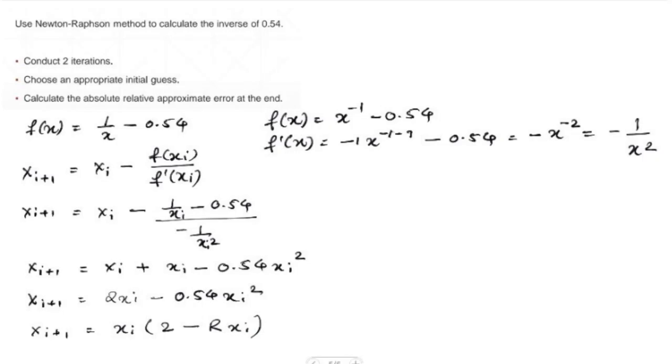So this is what was given to you in the class. You can use this directly, you don't have to derive it all. Instead of the r, we have to replace it with 0.54. That's what we have arrived at now using the function. Now let's use it.